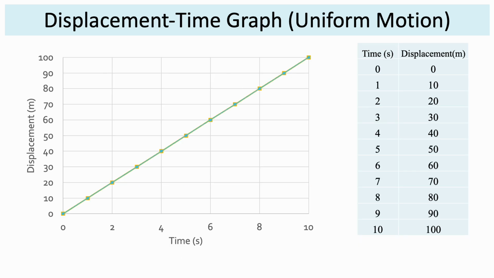When an object moves with uniform motion, the displacement time graph is a straight line with a constant positive slope. This slope represents velocity, which remains unchanged. For example, here the object's displacement increases steadily from 0 to 100 meters over 10 seconds.